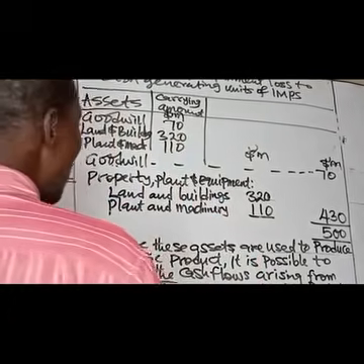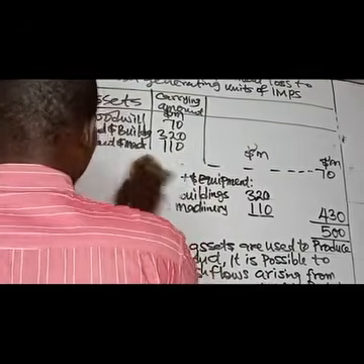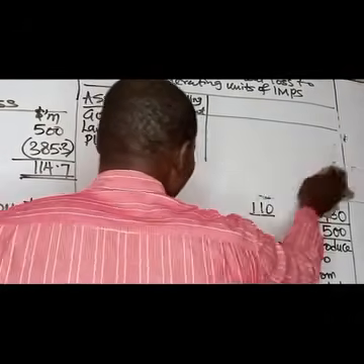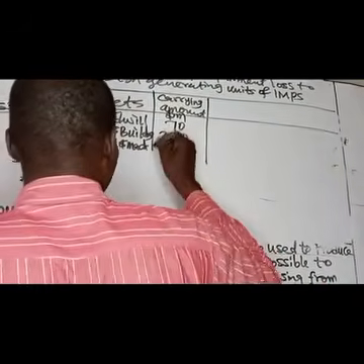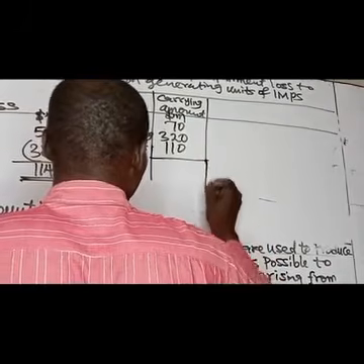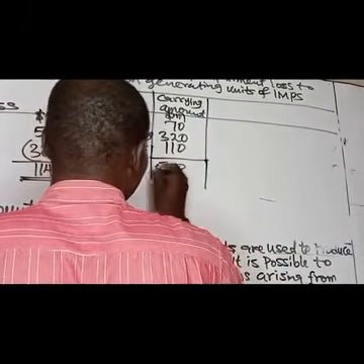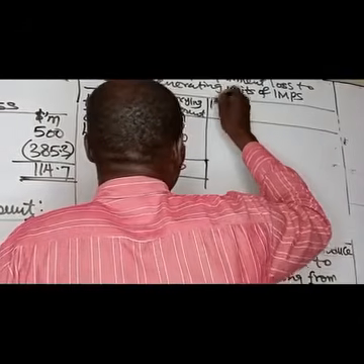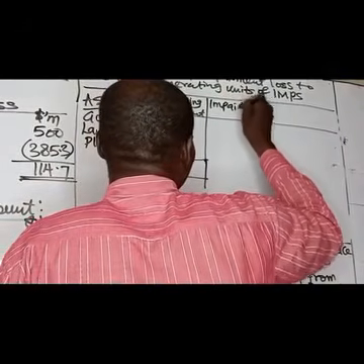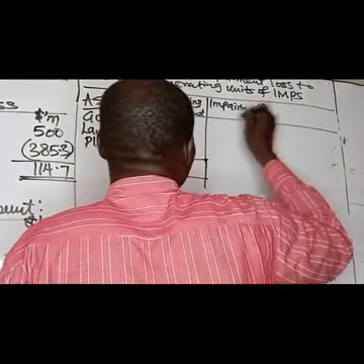You want to allocate the impairment loss to these cash generating units. The total carrying amount is 500. Then from our calculation, we have the impairment loss.